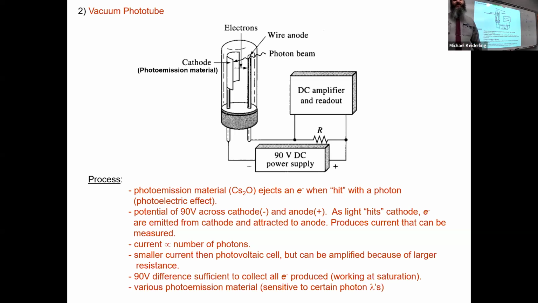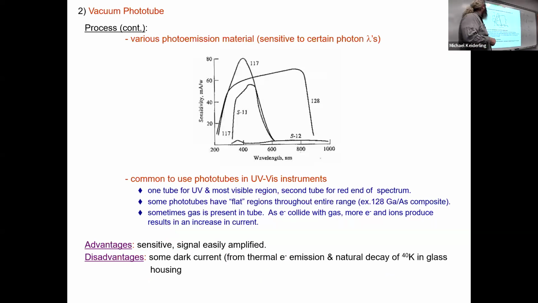It's a smaller current than a photovoltaic cell, but can be amplified because of the larger resistance. The 90-volt difference is sufficient to collect all electrons produced. It works at saturation, and various photoemissive materials can be sensitive to different wavelengths. So different materials will have different sensitivities, as you can see in this graph.